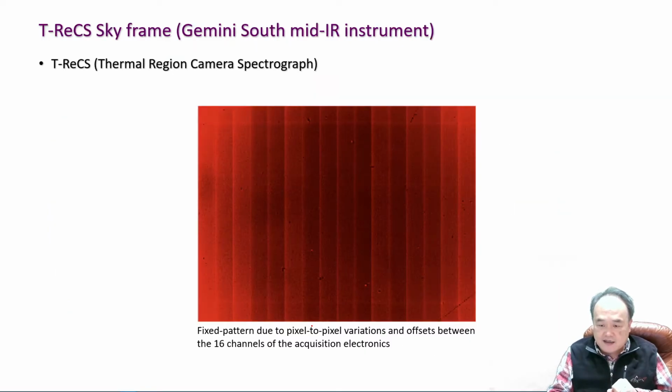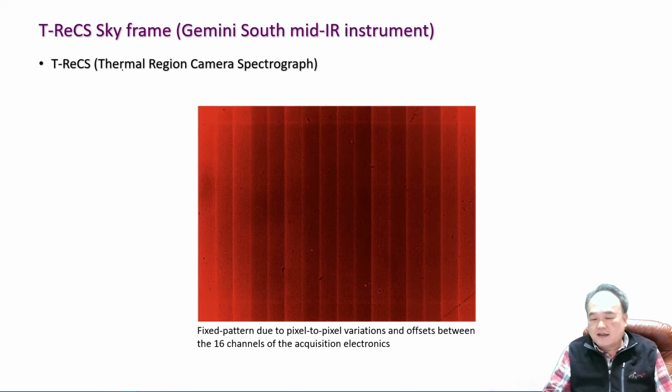And this is a real example from my own science. This is an image taken with the Gemini mid-infrared instrument called T-ReCS. Sadly, this instrument was decommissioned almost 10 years ago.